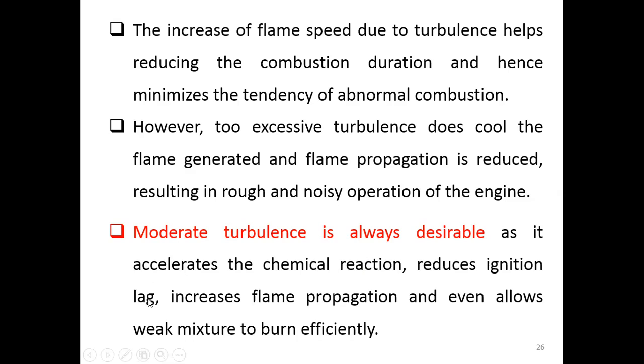It will increase the flame propagation, and it will allow the weak mixture to burn efficiently. So moderate turbulence is the thing that we want. It depends on how you create the turbulence in order to keep the level of turbulence not too much and not too low.